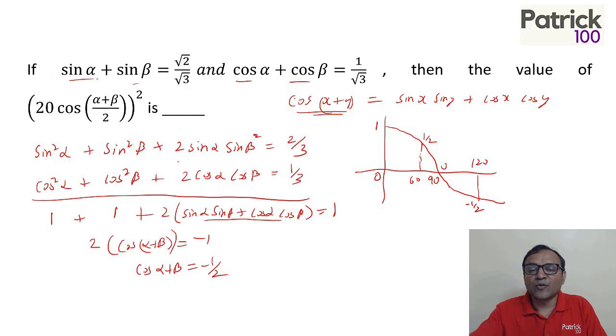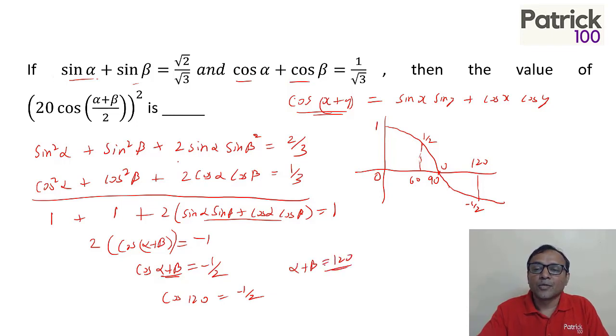At 60 and 120, equidistant from 90, the value is half and minus half, which means alpha plus beta will be 120 because cos of 120 is minus half. So alpha plus beta is 120, which also means alpha plus beta upon 2 is 60. Cos of 60 will give you half.